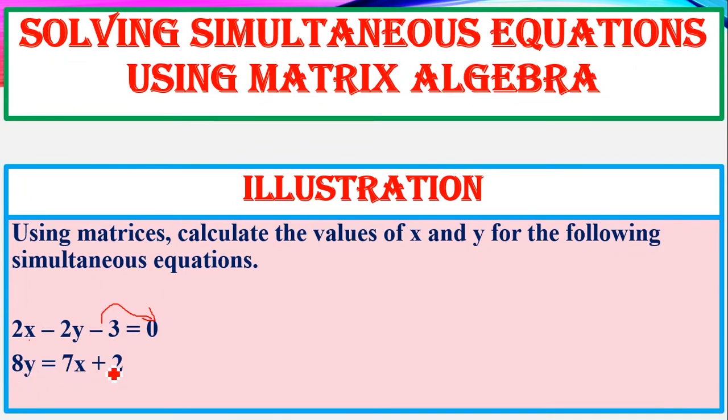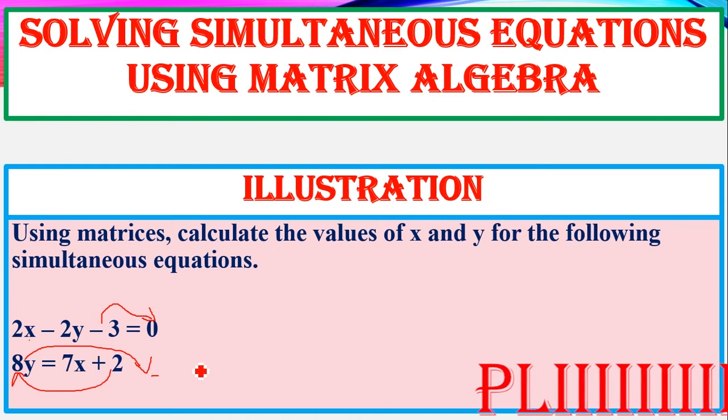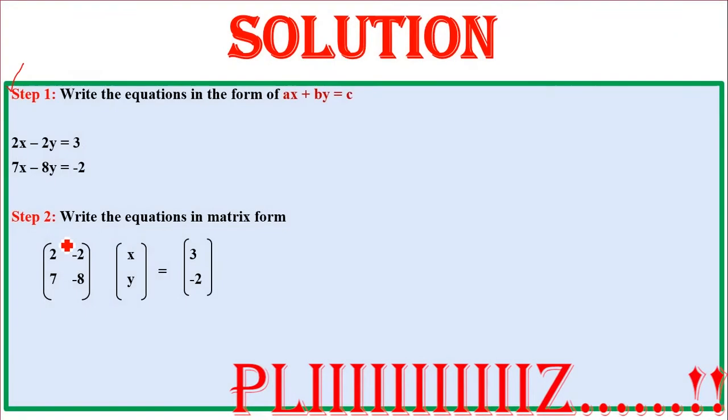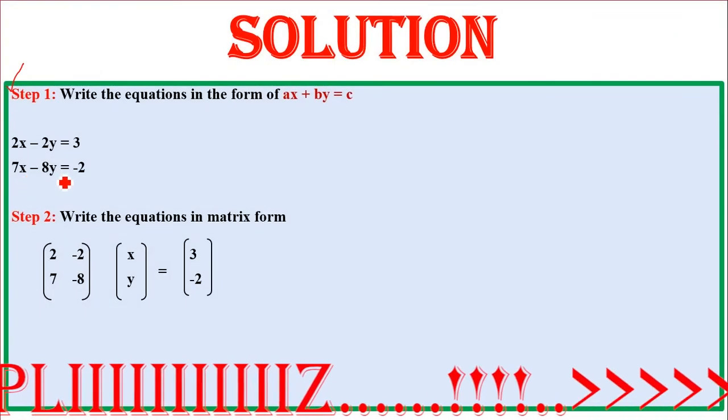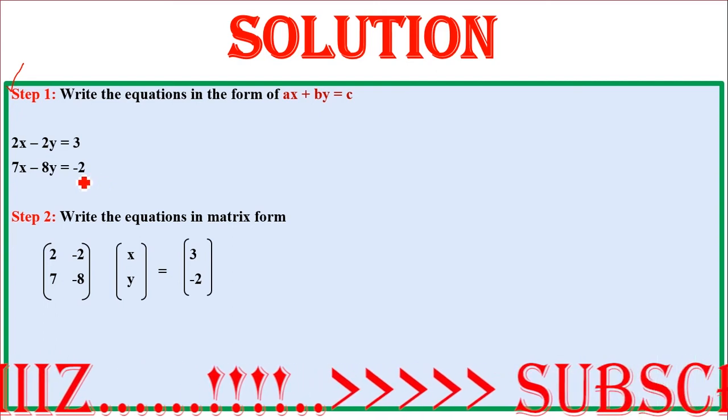You bring the y on this side because you're starting with x, so you have 7x. When you bring 8y on this side, it will be minus 8y. Then you take 2 to the other side, so that will be minus 2. So you end up with 7x minus 8y equals negative 2.